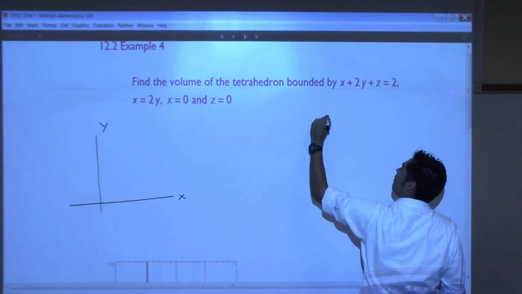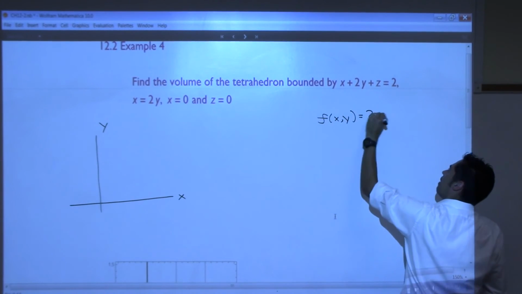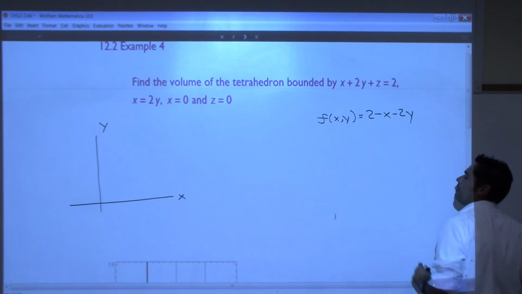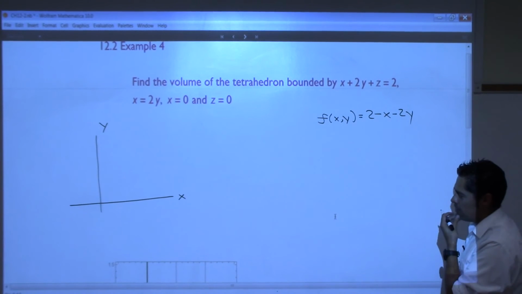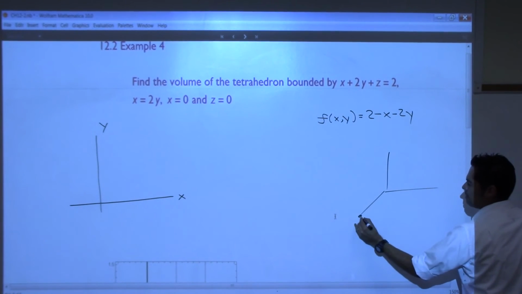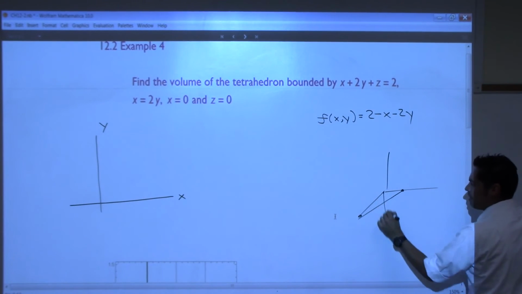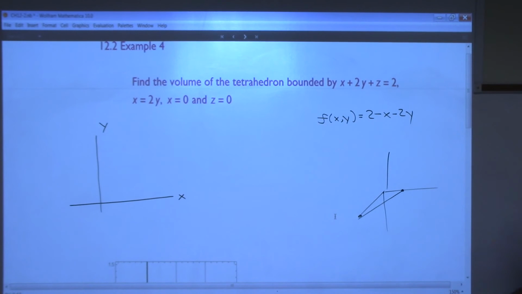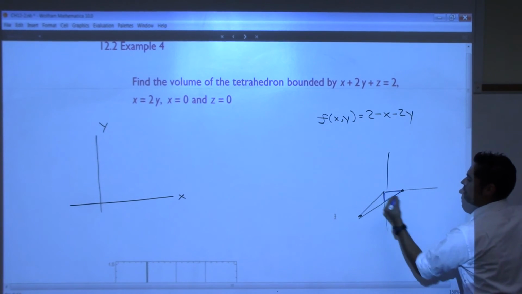I already know f of x, y was 2 minus x minus 2y. What does it look like on the ground, though? Maybe I shouldn't have erased it, huh? We had this point, it came over, but then I came through and I cut through that way, didn't I? And the region I was talking about was this one in here.